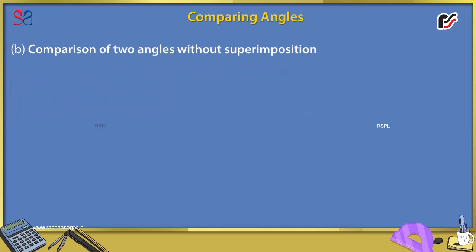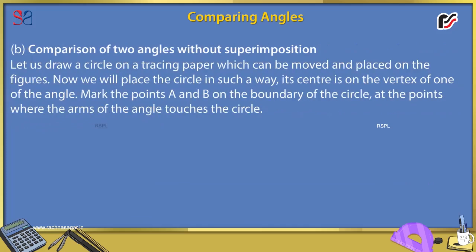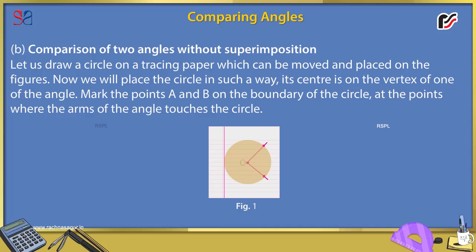B. Comparison of two angles without superimposition. Let us draw a circle on a tracing paper which can be moved and placed on the figures. Now, we will place the circle in such a way that its center is on the vertex of one of the angles.